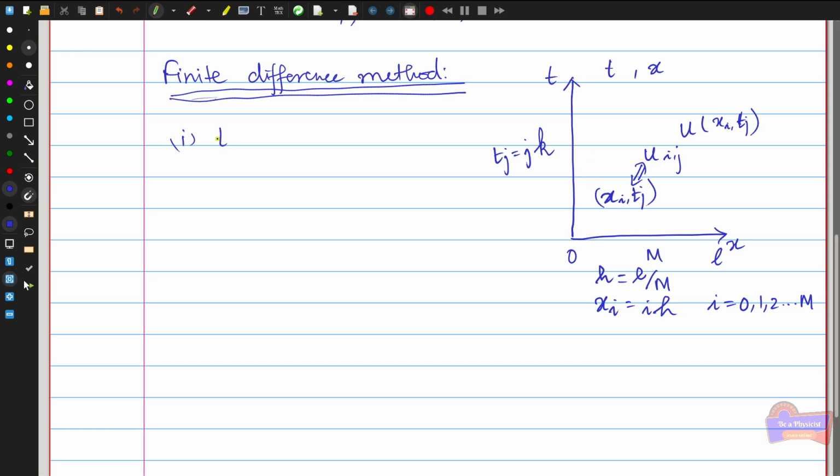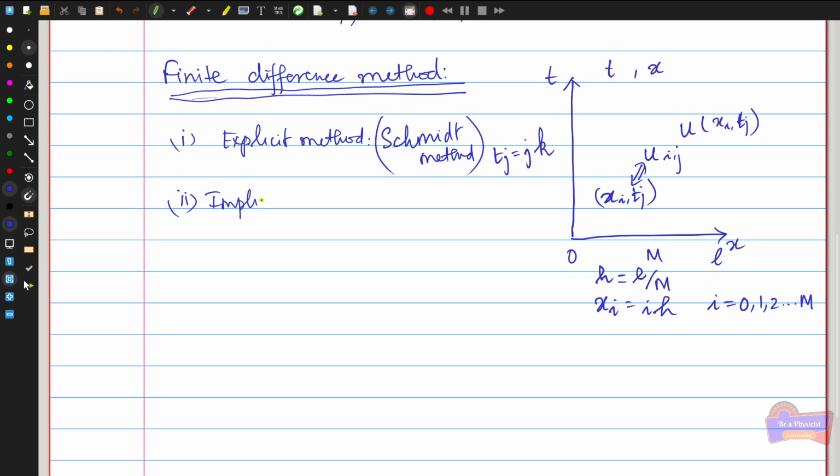One is the explicit method, which is also known as the Schmidt method. The next one is the implicit method, which is also known as the Crank-Nicolson method. Okay.